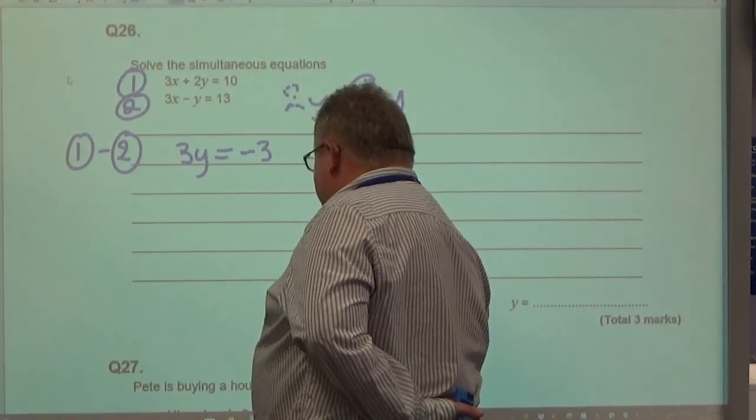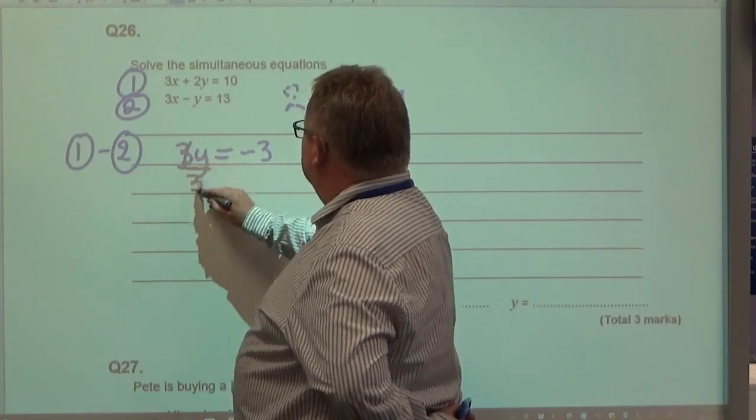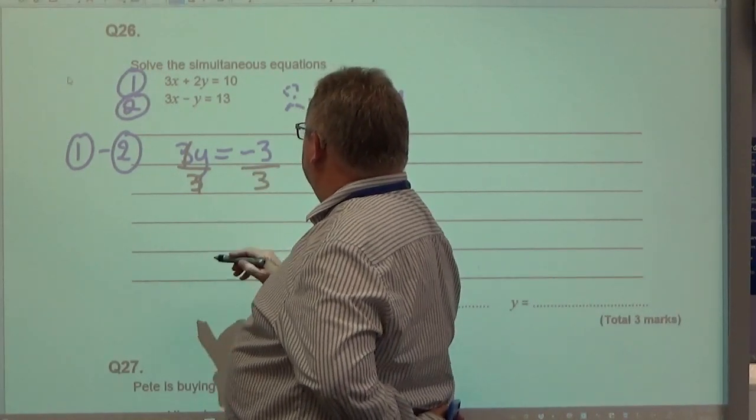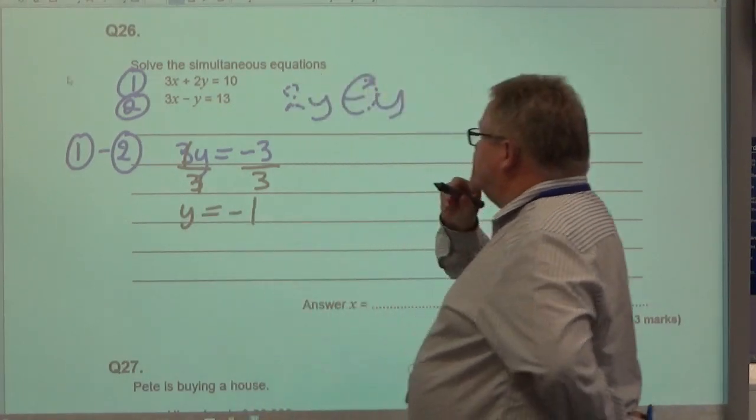So now, just divide through by 3 to find y. That will give us negative 3 divided by 3, so y equals negative 1.